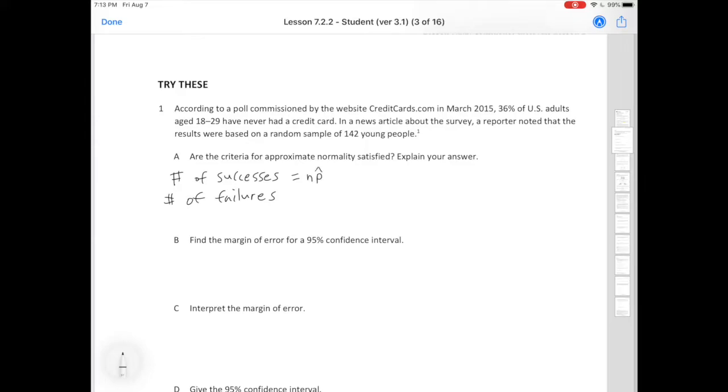So what we need to do with that is we need to multiply n times p hat, and here we need to multiply n times 1 minus p hat. Because they gave us p hat, right? 36%. So it's going to be 142 times 0.36, and this is going to be 142 times 1 minus 0.36.